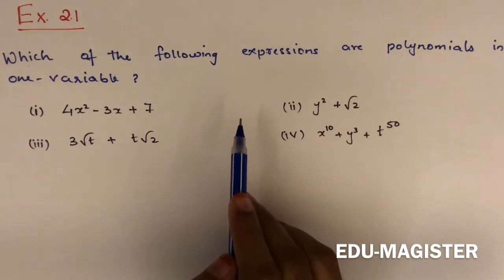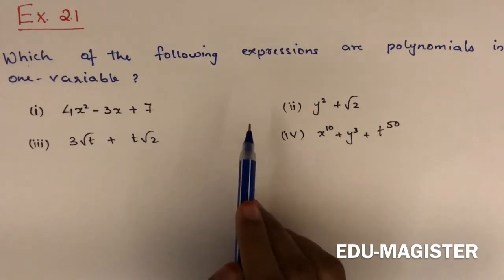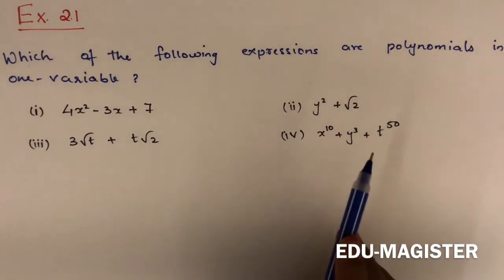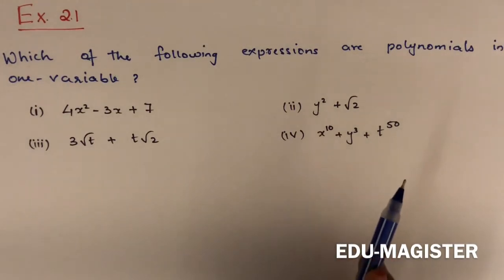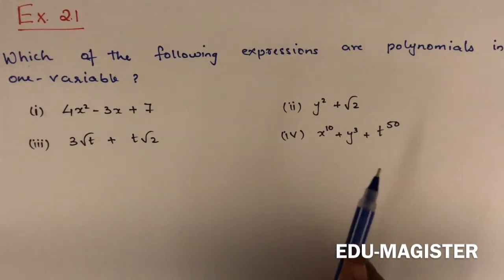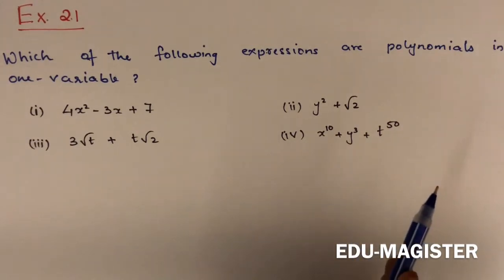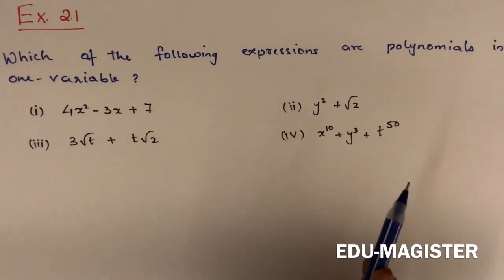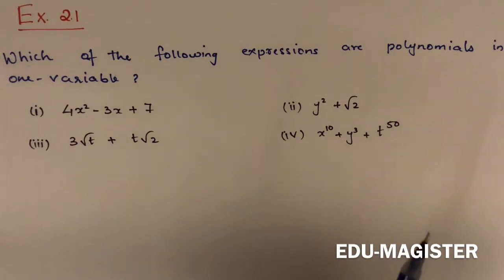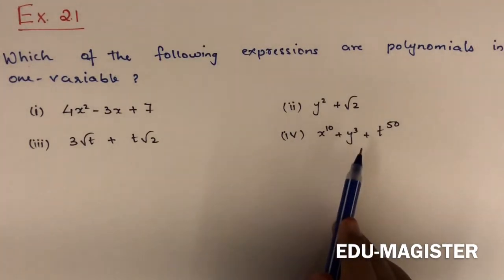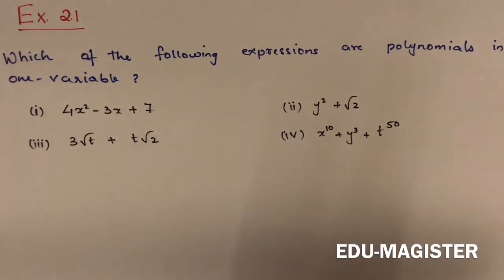Let's recall what a polynomial is. Polynomials are algebraic expressions, but those algebraic expressions contain variables, and these variables will have powers that are only whole numbers. So this is what a polynomial is.